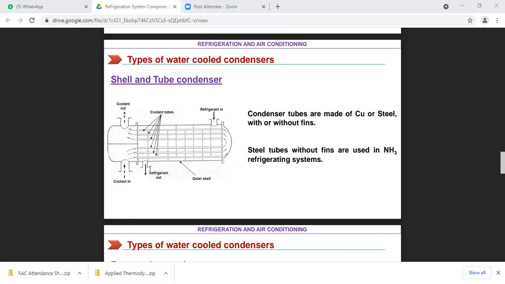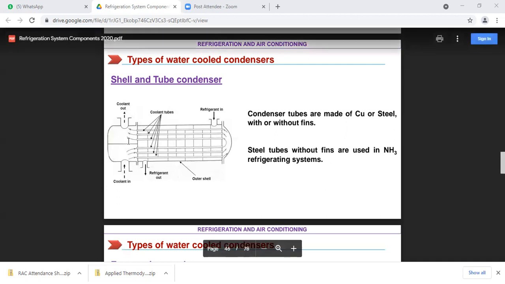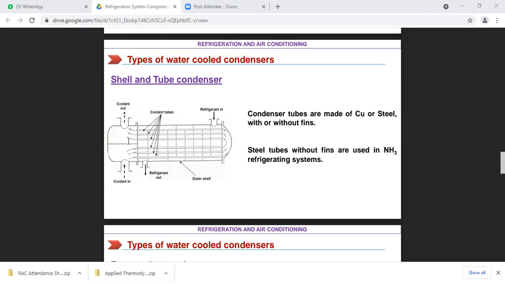In such a case, it is designed for receiving 125% of the refrigerant as compared to the design charge amount. In some condensers, extra rows of water tubes are provided at the lower end for subcooling the refrigerant below the condensing temperature. So this is the shell and tube type condenser.